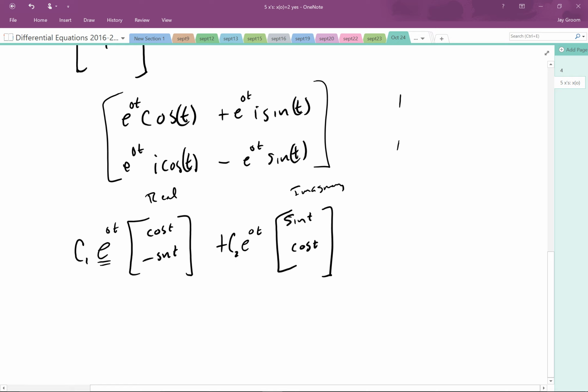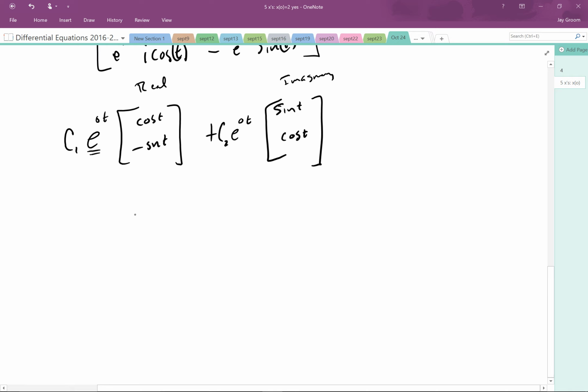So if you multiply this back out, you're going to get C1 cosine of t on the top, plus C2 sine of t. That's my top row. And my bottom row is negative C1 sine t plus C2 cosine t.